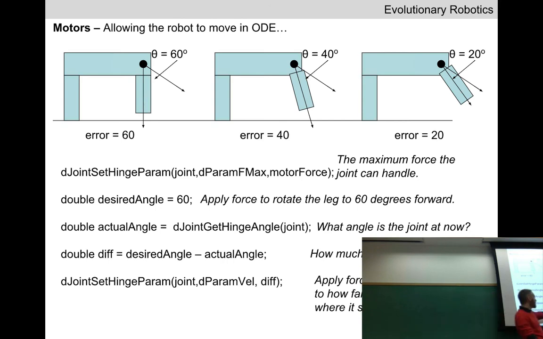We take that difference and we set the desired velocity of the joint. So the joint is going to start to rotate with a rotational velocity that's proportional to the difference. Why set the velocity proportional to the difference?